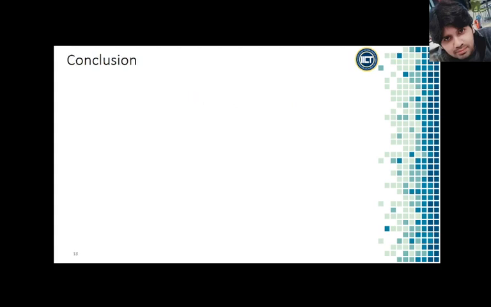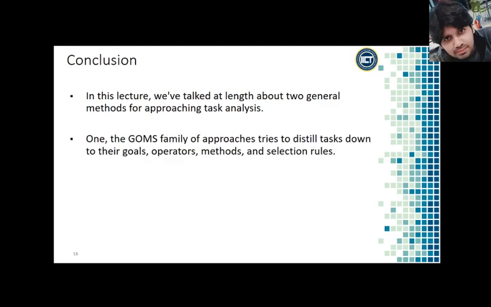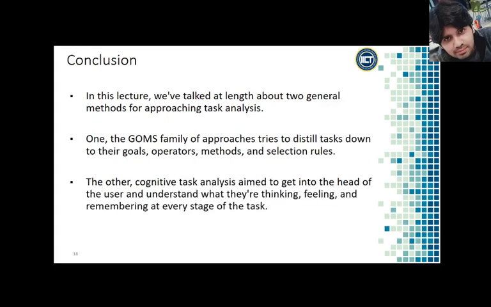Now, in this lecture, we have talked at length about two general methods for approaching task analysis. One, the GOMS family of approaches, tries to distill tasks down to their goals, operators, methods, and selection rules. The other is cognitive task analysis, aimed at getting into the head of the user and understanding what they are thinking, feeling, and remembering at every stage of the task.